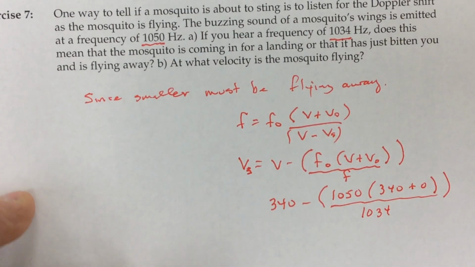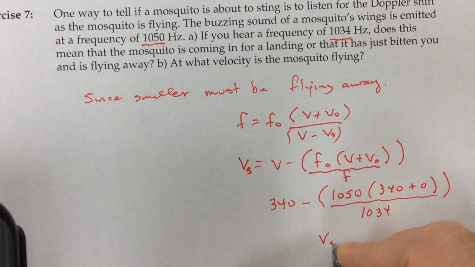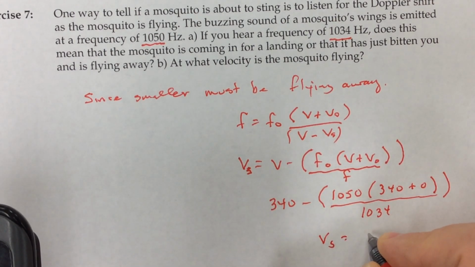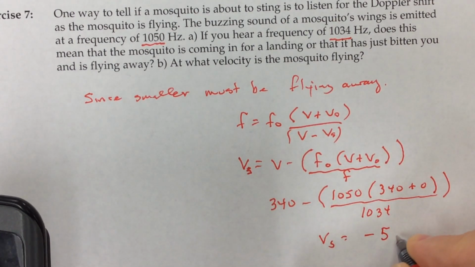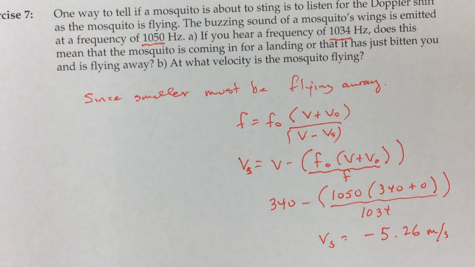Okay, so what is that? You get a negative number. I guess that means it's flying away from you, so negative because it's going left. So you have 526 meters per second. Okay, are you all educated? Hope so.